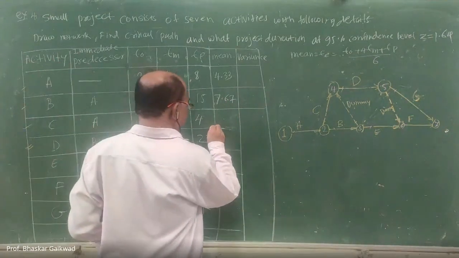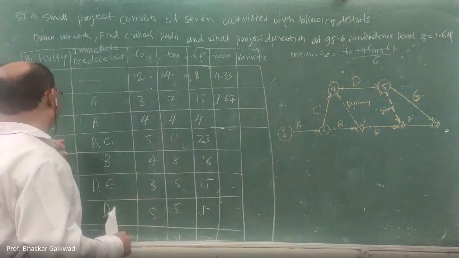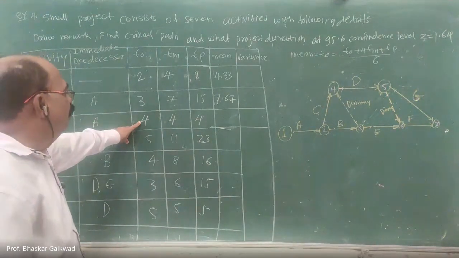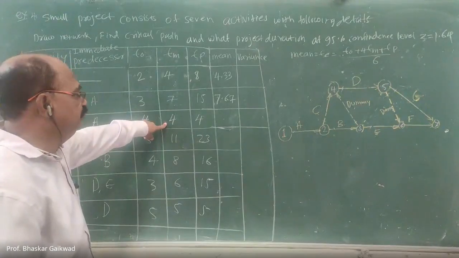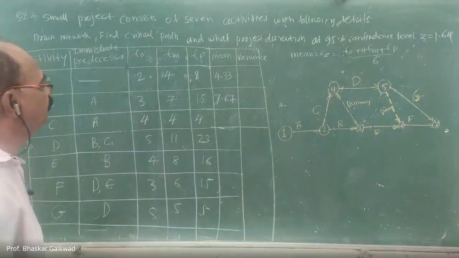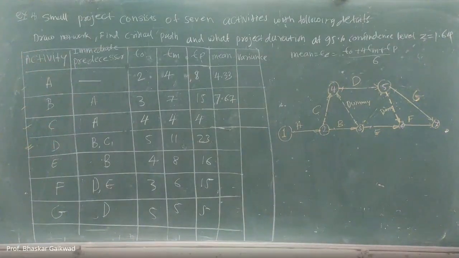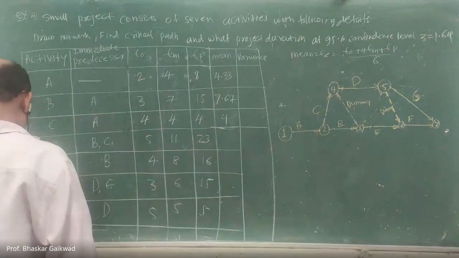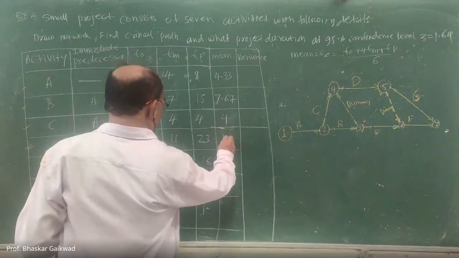Then you come to the next, the C activity. To is 4, plus 4 into 4, 16 plus 4, 20. 20 plus 24 divided by 6. How much here? For C, 4. Similarly, you can calculate for D, that is 12.